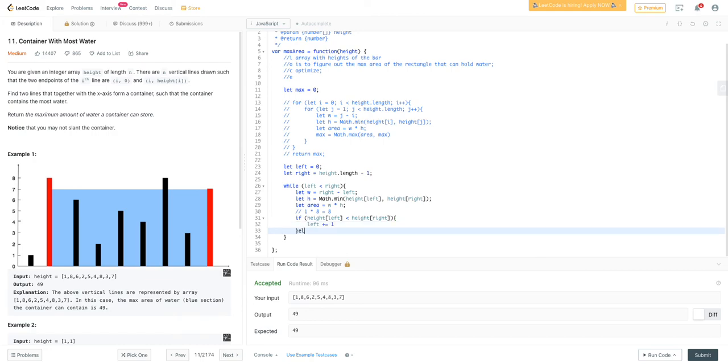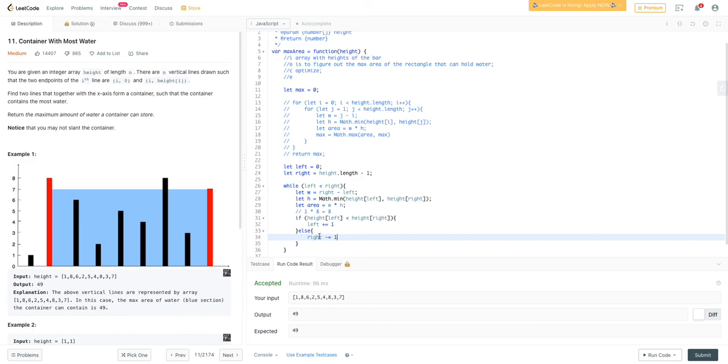And on the other side, if the height on the right is smaller, what we would do is we would actually decrement the right.